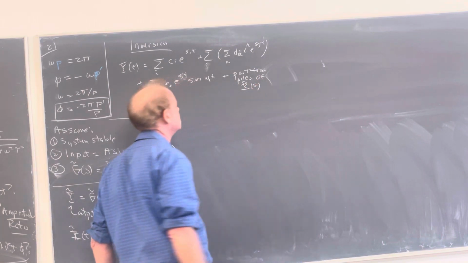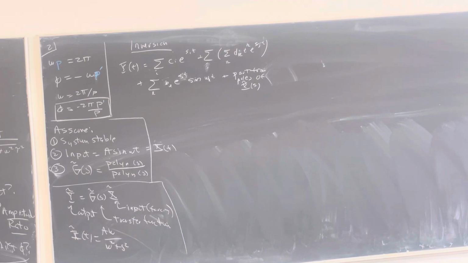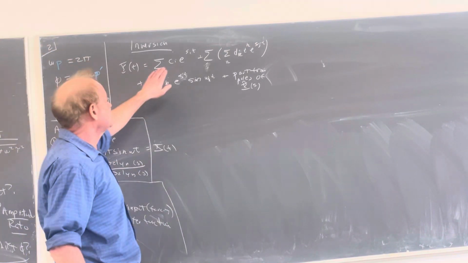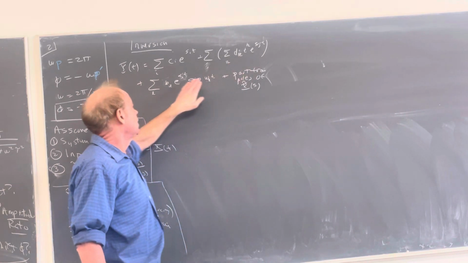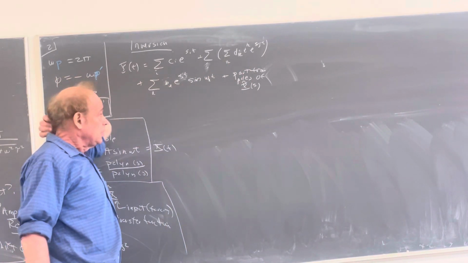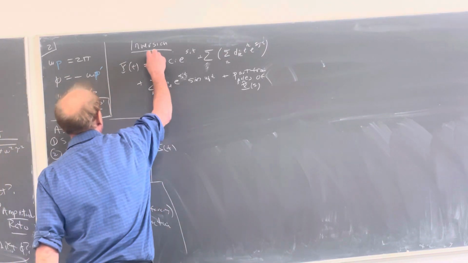So the part from G tilde has all the kinds of terms that we wrote down before. We had the simple real poles, the multiple real poles, the multiple roots, and then we had the complex poles. And those all belong to G. So this is all from G.